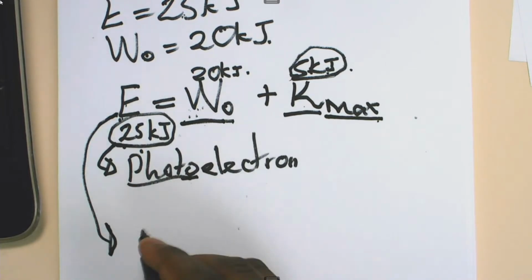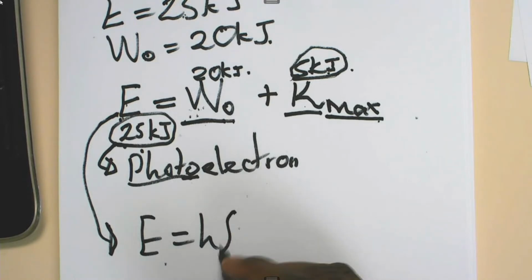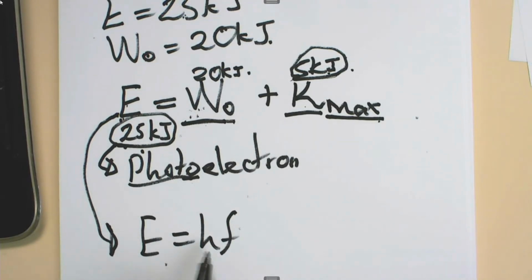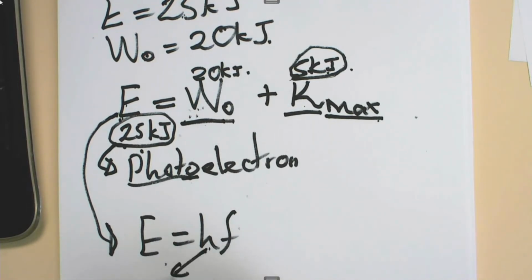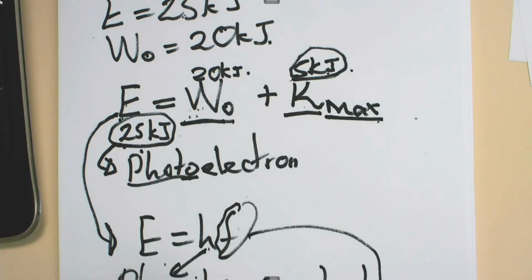Energy of the photon, like I showed you earlier, is given by Planck's constant multiplied by frequency. Frequency is the property of light.